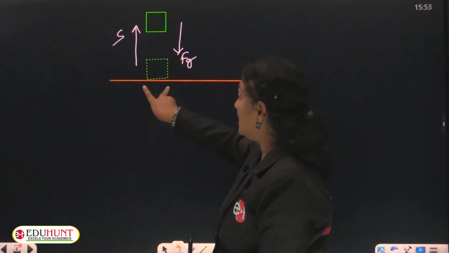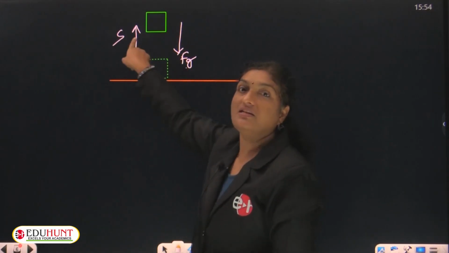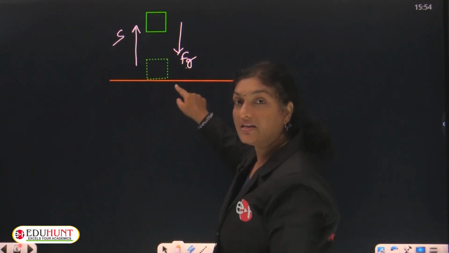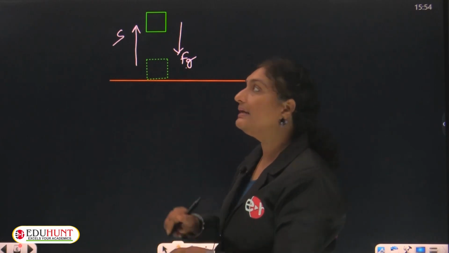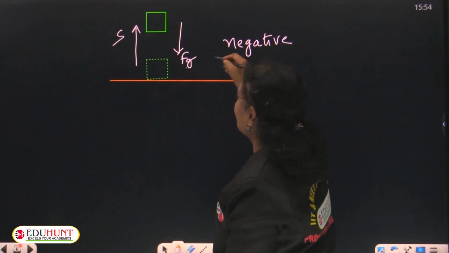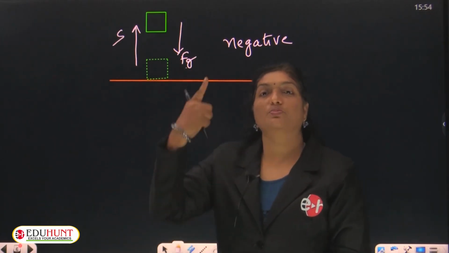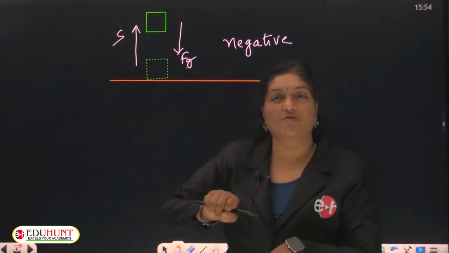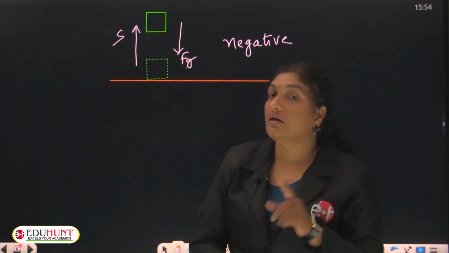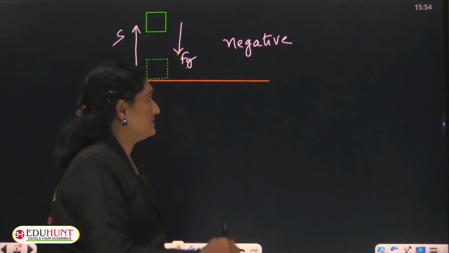So the work done by the gravitational force on the body will be negative. Why? Because the direction of the gravitational force is downwards, whereas the displacement of the body is in the upward direction. Both are acting in the opposite direction.